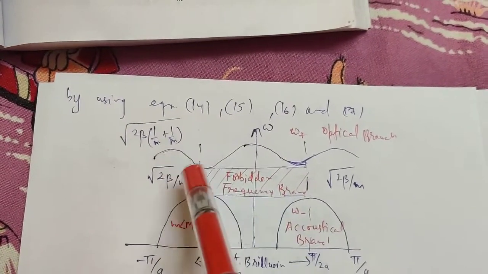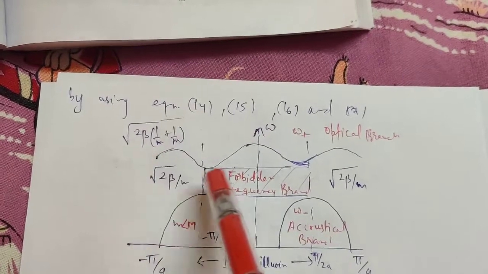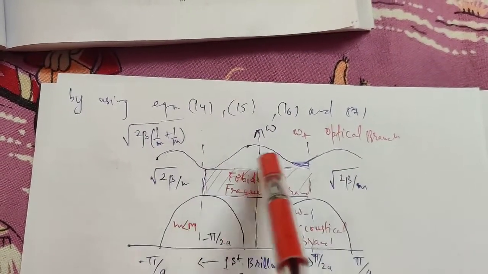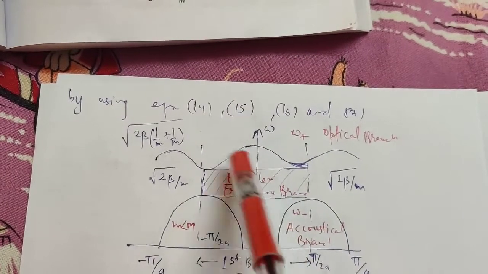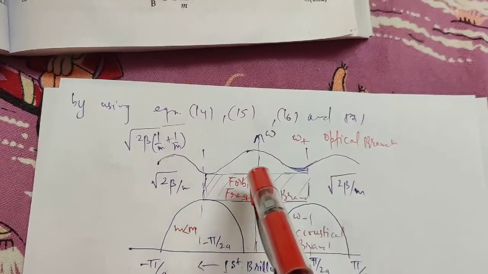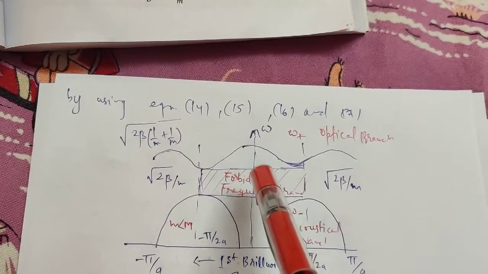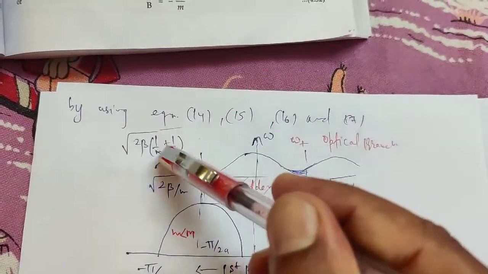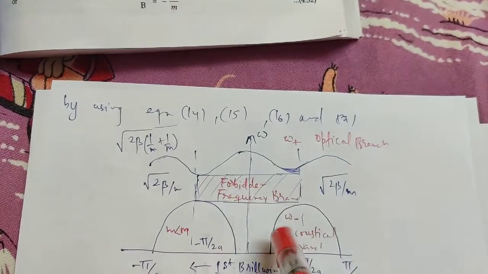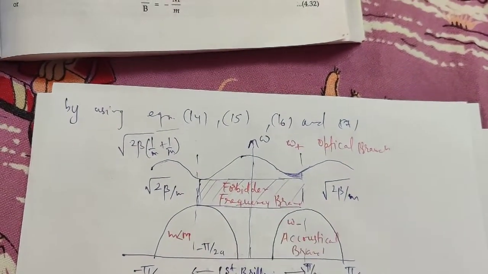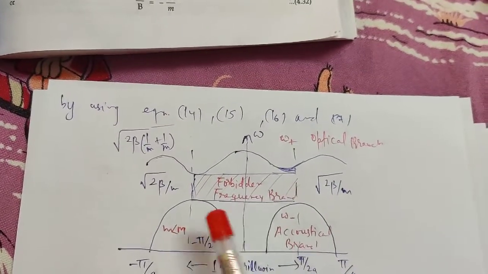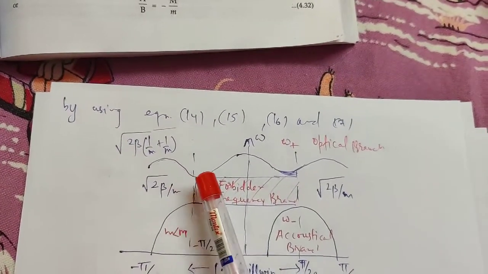The width of this band depends upon the mass ratio, that is small m divided by capital M. If the ratio is large, then this band is wider, and if the mass ratio is unity, then these two branches will meet each other. They will join at plus minus pi by 2a.